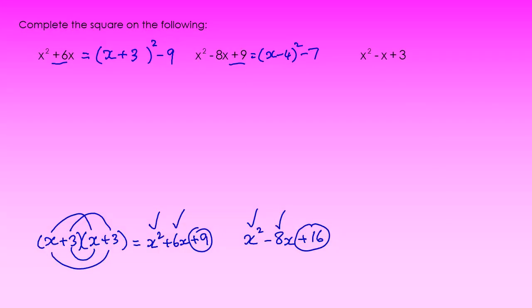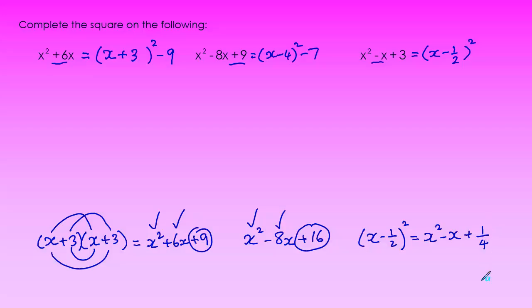Now the x squared minus x plus 3. So start with our squared bracket, put x in, and then the coefficient here is -1, so we'll put -1/2 into the bracket. Now if you expand x minus 1/2 squared, you'll get x squared minus x plus 1/4.